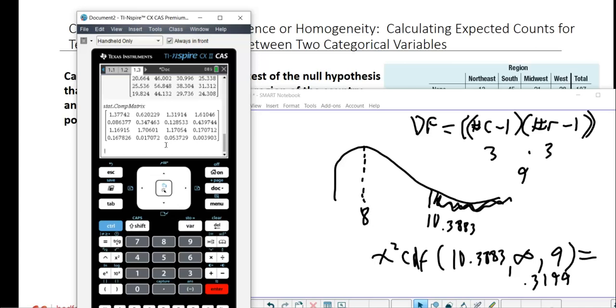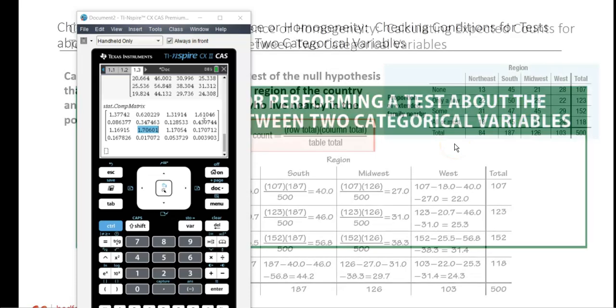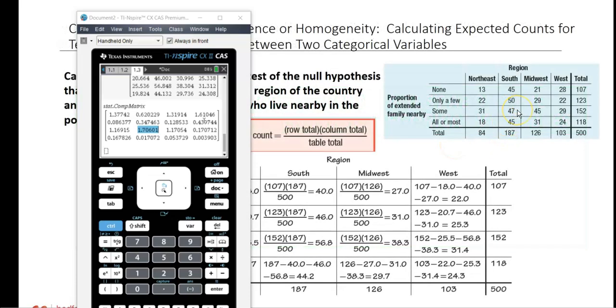It looks to me like the biggest number might be this one right here. That would be south. It's in the second column, and the third one down. Maybe this number would have been the most, oh sorry, I was trying to highlight it. That 47 right there is the most surprising number. That contributed the most to the chi-squared value.